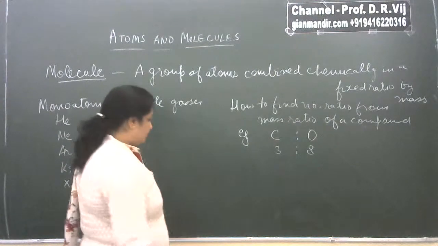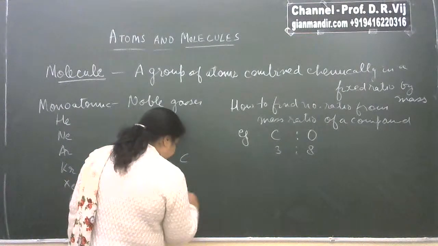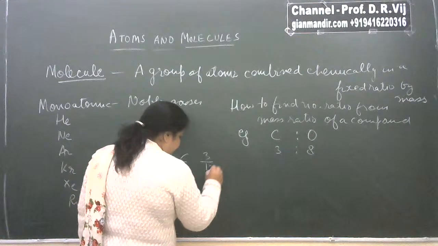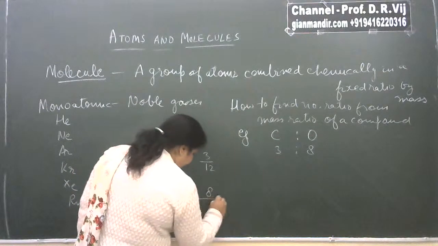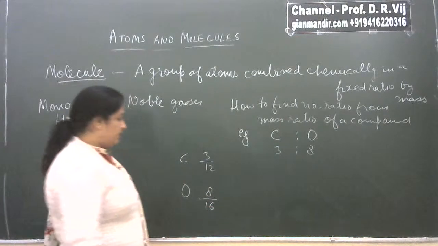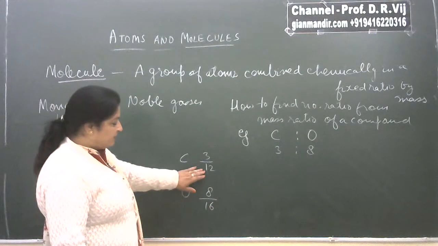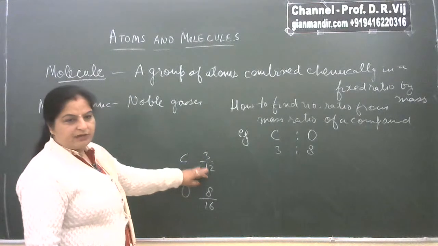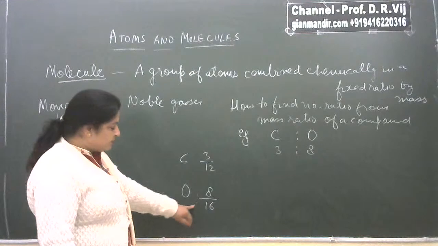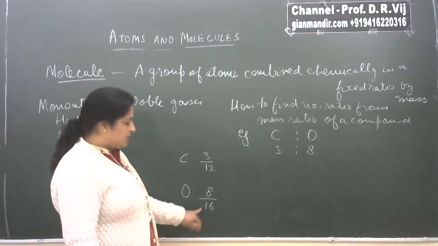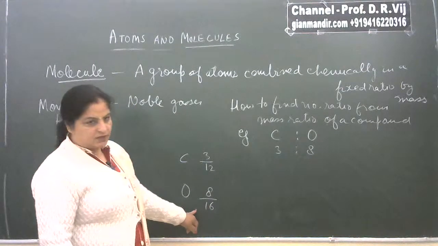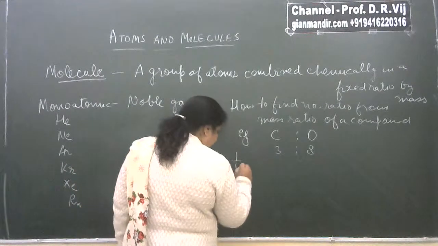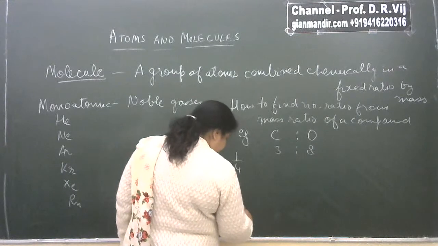For doing that, what is required here? In order to find the number ratio, their mass ratios must be divided by their respective atomic masses, right? The mass ratio of carbon is 3 and the atomic mass of carbon is 12, so 3/12. The mass ratio of oxygen is 8 and the atomic mass of oxygen is 16, so 8/16, which comes out to be 1/4 and 1/2.